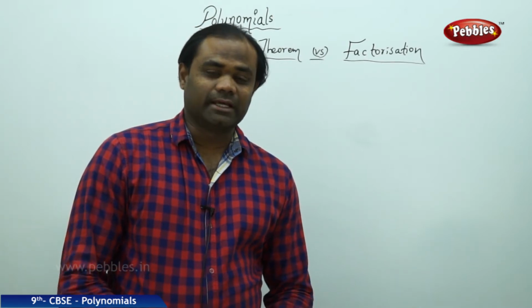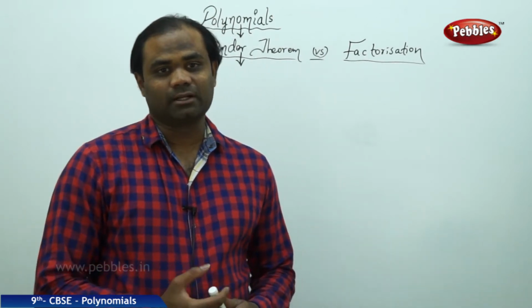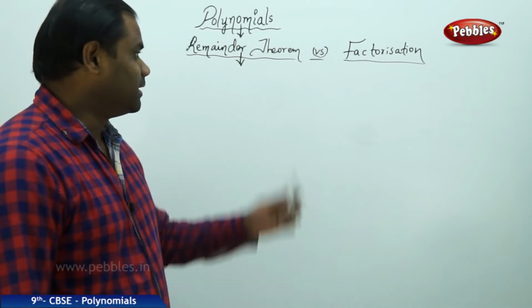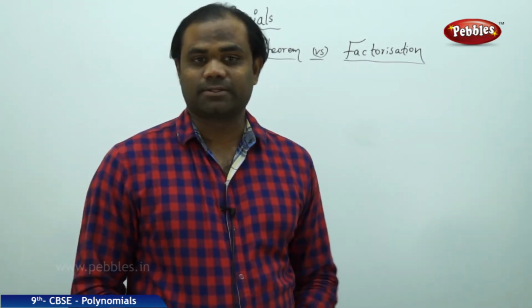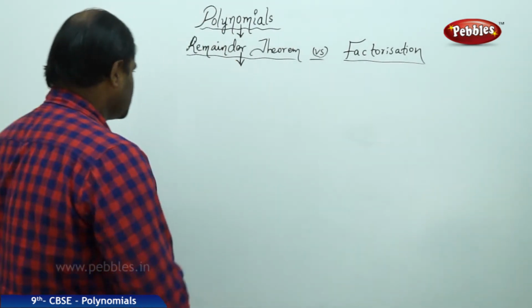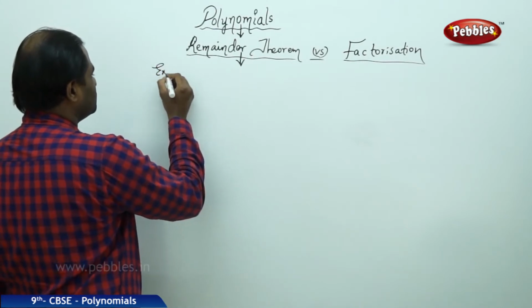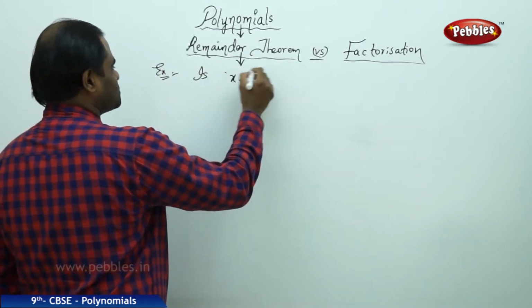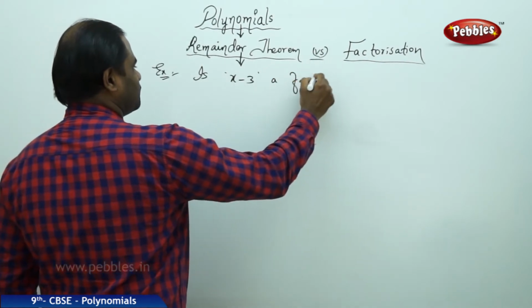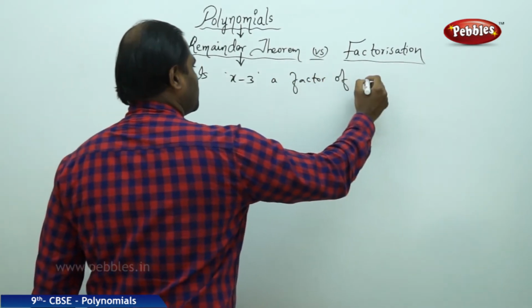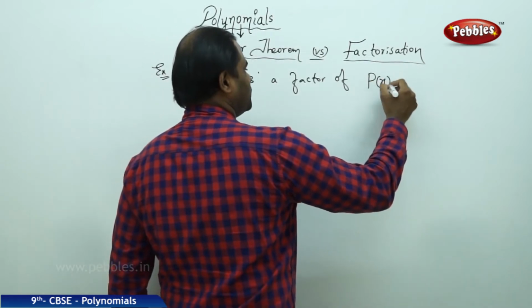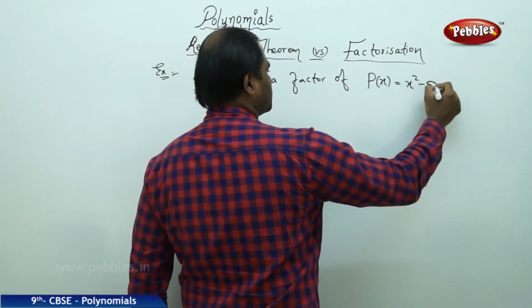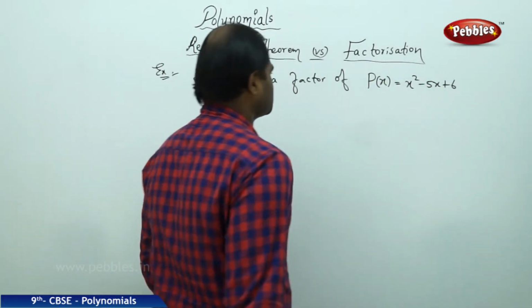Now let's take an example problem to understand the concept better. Remainder theorem versus factorization. I have a question which says, is x minus 3 a factor of p of x equals x squared minus 5x plus 6?